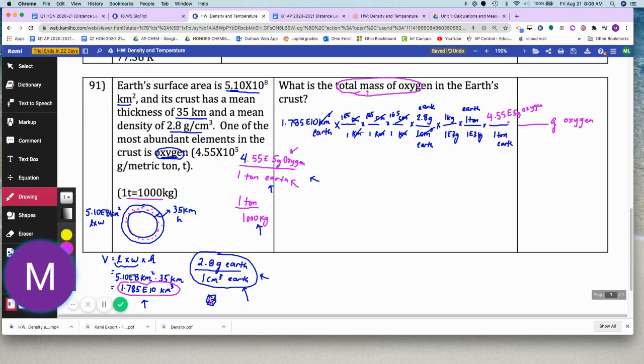Okay, as you can see, I was able to get the information about the Earth, which led me to the information about the oxygen in the Earth, given this conversion. Okay, and I think that's correct. Go ahead and do the calculations, and you should get the answer of 2.3 E25 grams of oxygen.